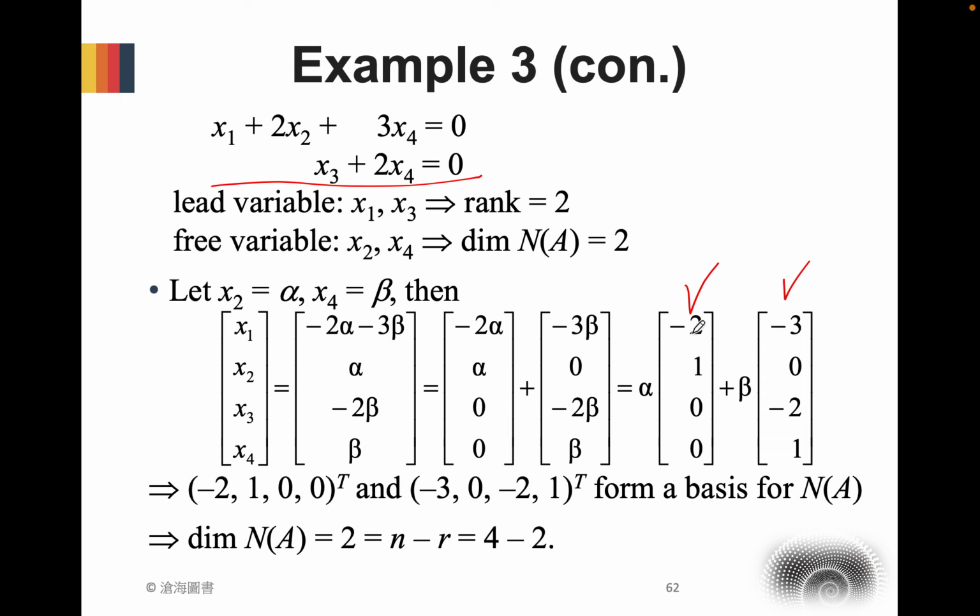Okay, and (-2, 1, 0, 0) and (-3, 0, -2, 1) form a basis for the null space of A. Because the basis has two vectors, the dimension of the null space is 2, which is n minus r, 4 minus 2, that is 2, right?